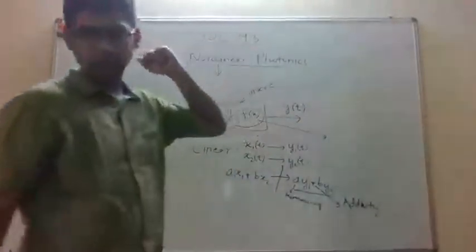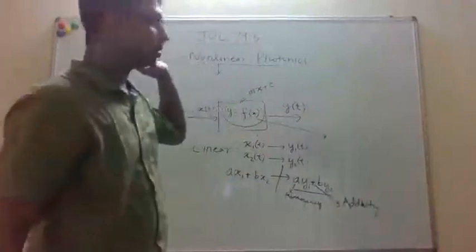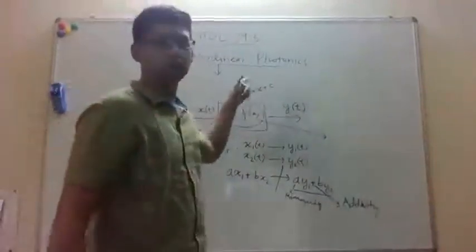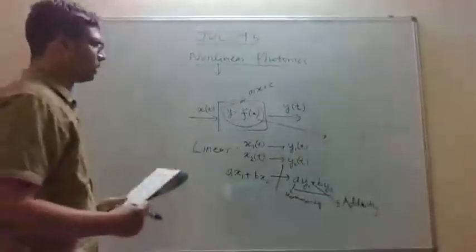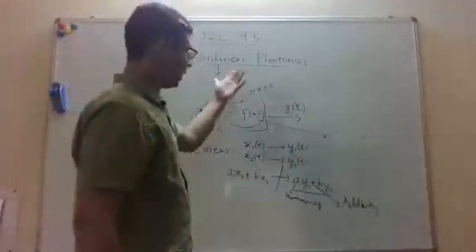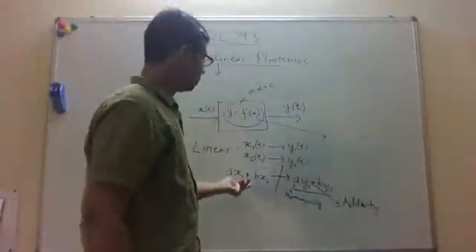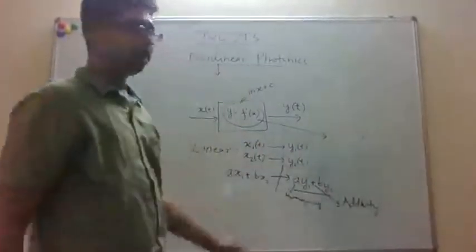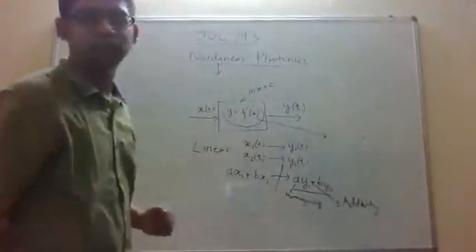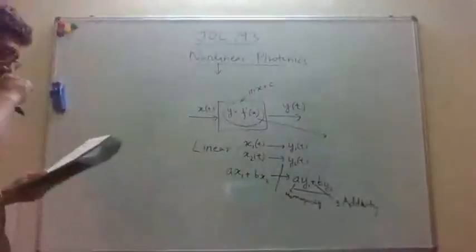It will have some nonlinear terms. Anything different from x to the power of 1 is nonlinear, and you can check that for any such function, it would not satisfy these properties, and such systems would be nonlinear, right?